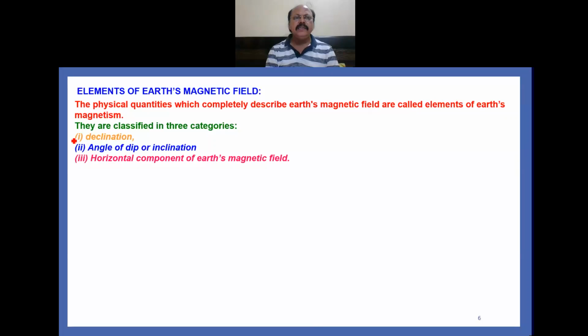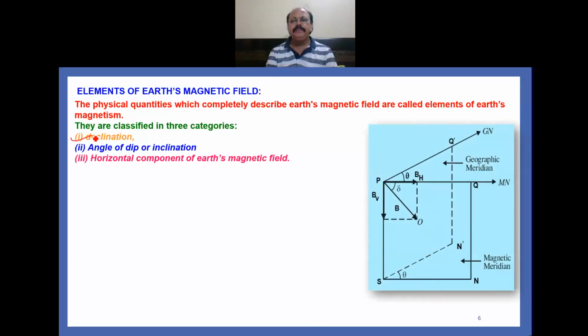The first one is declination. For that purpose you see a diagram. Here in this diagram, this south and north is the magnetic axis, and PQNS is the magnetic meridian, that is the vertical plane on the magnetic axis.